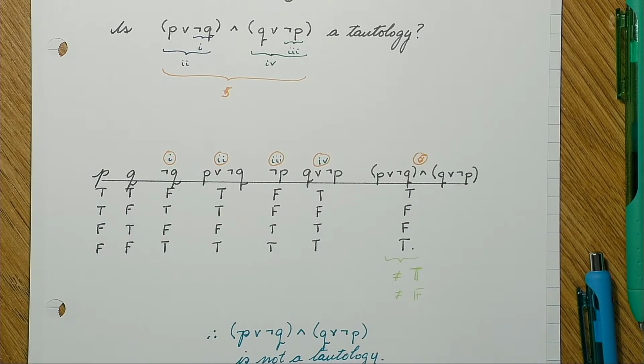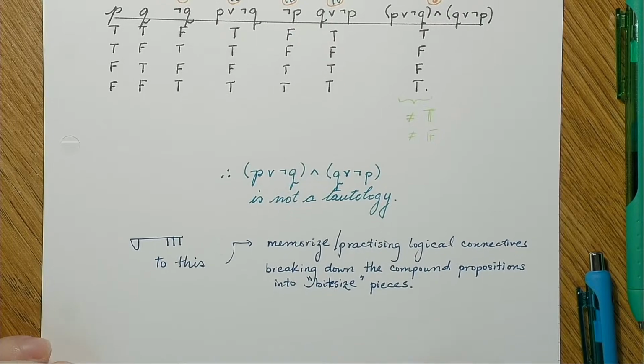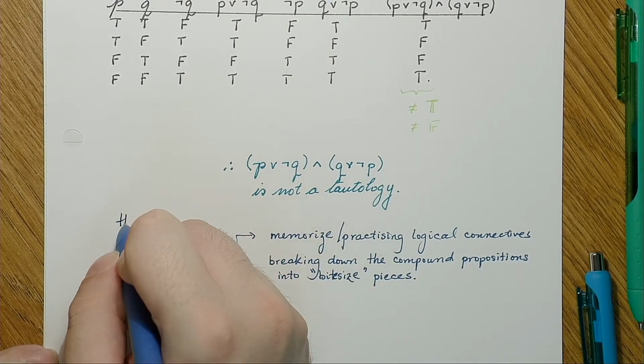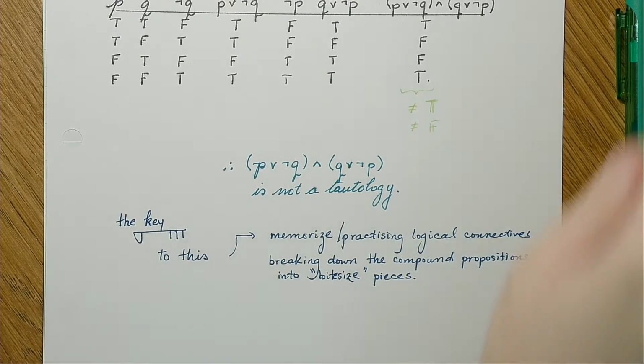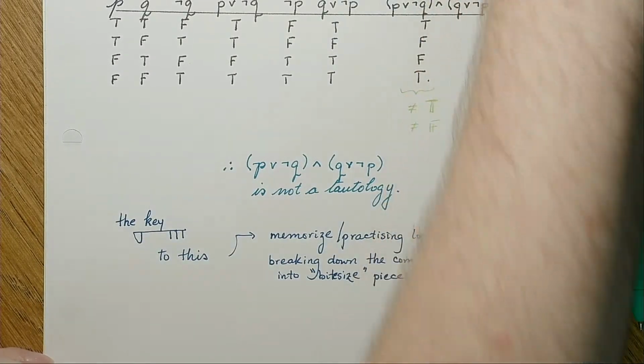When you start to do too many steps at once in one column, you might be prone to creating an error. Okay, so perfect.